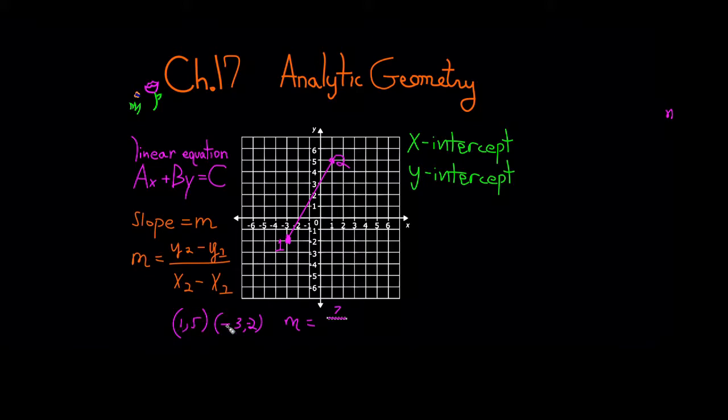And then 1 minus negative 3, which is 4. And so our slope is 7 over 4, meaning that from one point to the next on this lattice, we go up 7, 1, 2, 3, 4, 5, 6, 7, and over 4, 1, 2, 3, 4. And that would keep repeating along the slope. And this is not a reducible fraction.